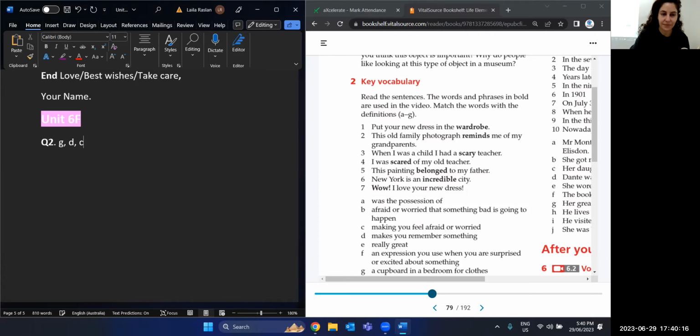C. So remember, it's an adjective, this one. But for I was scared, this is the verb, the action. If I was scared of my old teacher, that means that I am afraid or worried that something bad is going to happen. So be careful. One is an adjective and the other one is a verb. So for this one it is B.